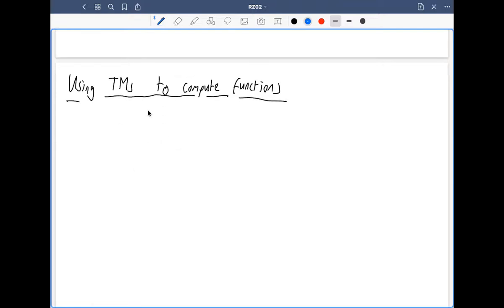Well, as you can imagine, this is rather intuitive. Because Turing machines work with words, with their tape alphabets, we're going to work with words, and we're going to consider a Turing machine as a function.